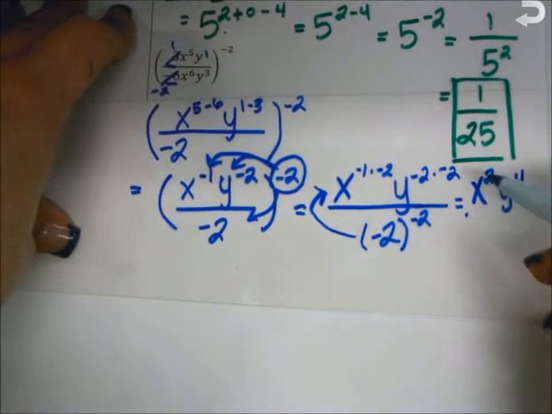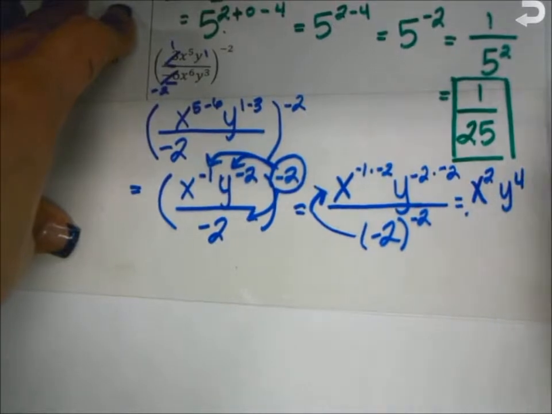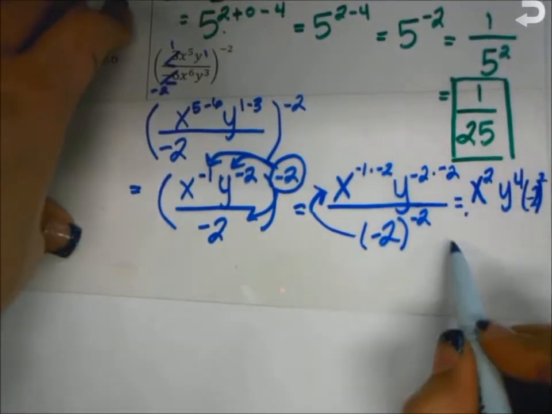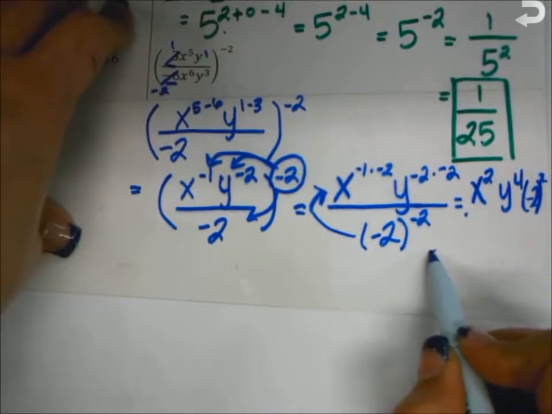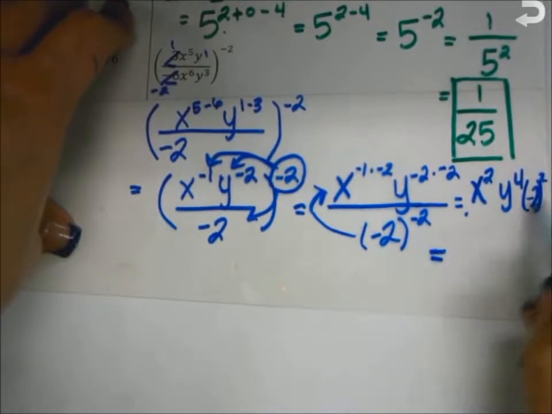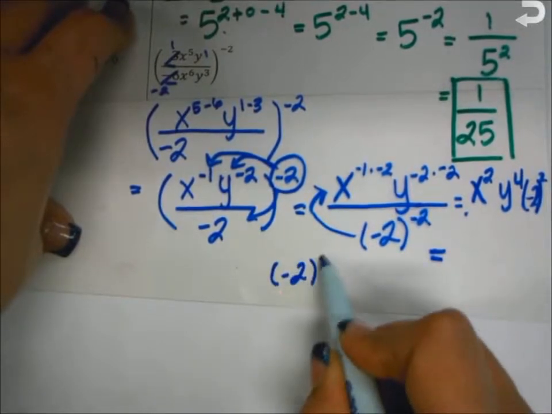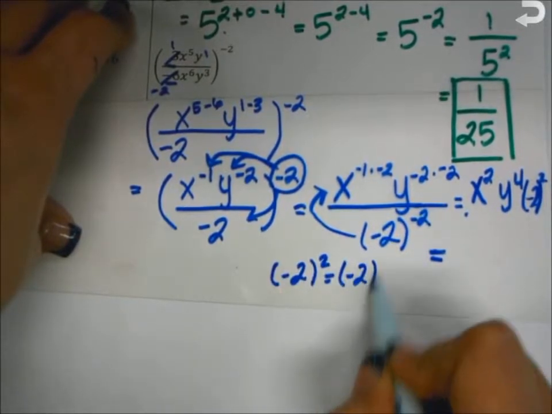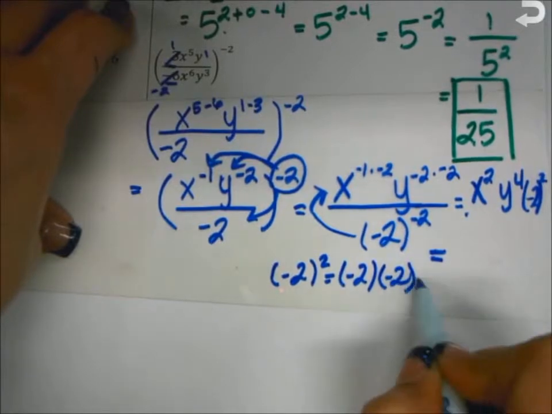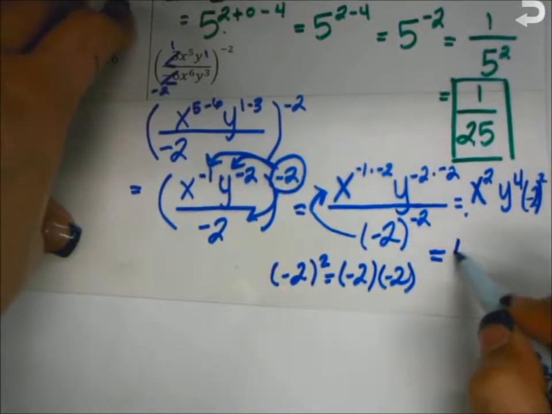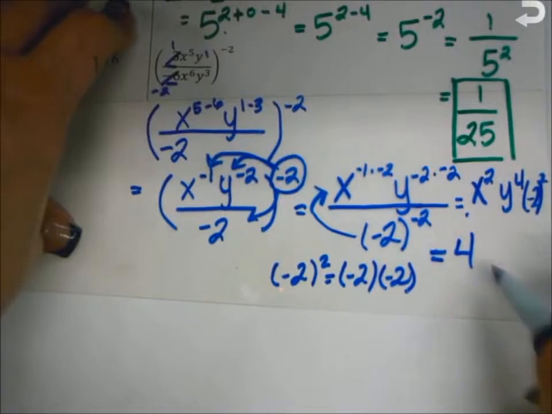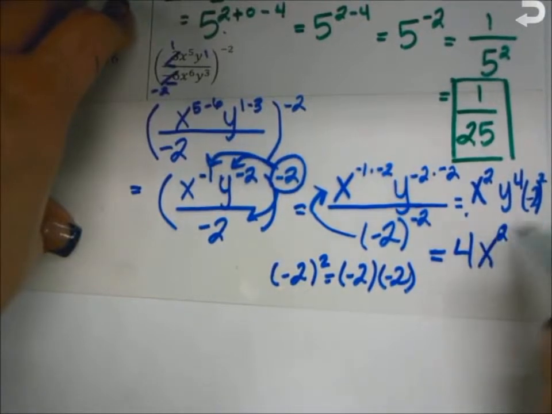And I started to run out of room there. So negative 2 squared gives me negative 2 times negative 2, which is actually positive 4. So my coefficient is going to be positive 4, x squared, y to the 4th. Now everything has a positive exponent, and we can leave our answer.